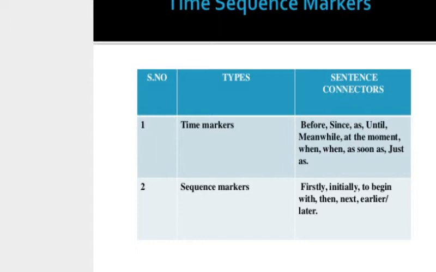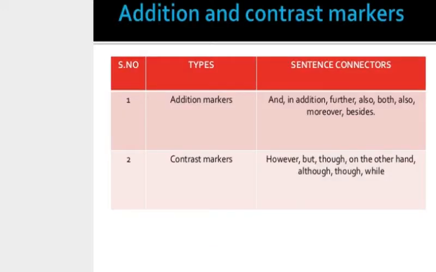Sequence markers: firstly, initially, to begin with, then, next, earlier, later. Addition markers: and, in addition, further, also, both, moreover, besides.